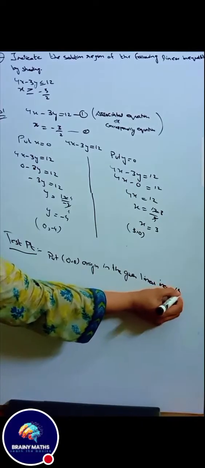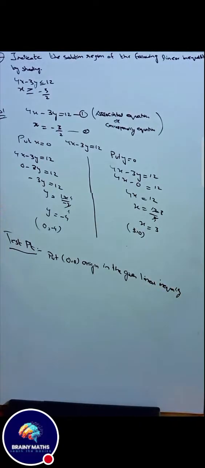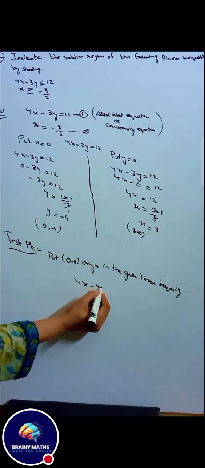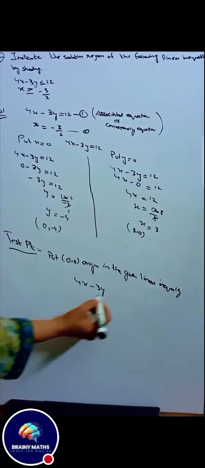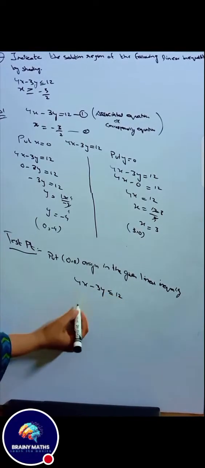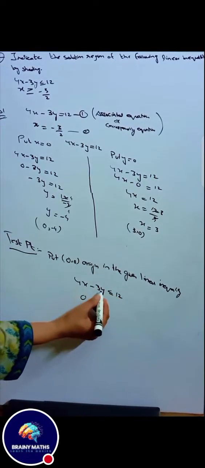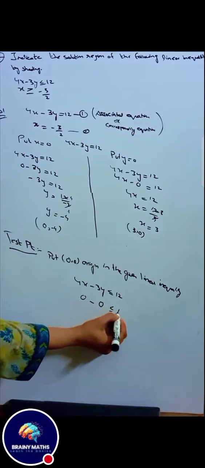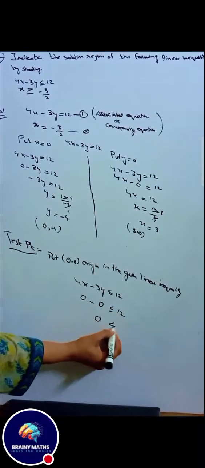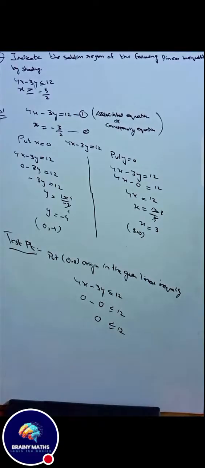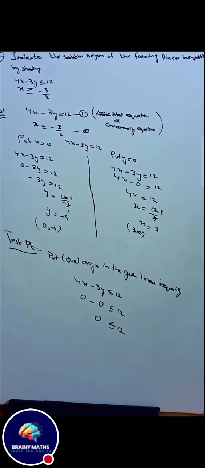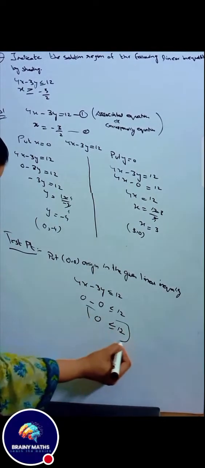I have told you: to check whether this is true or false. So the question is 4x minus 3y less than or equal to 12. Put x as 0 and y as 0: 0 minus 0, 0 less than or equal to 12. Is this true or false? Is 0 less than 12? Yes, true. So this inequality is true.